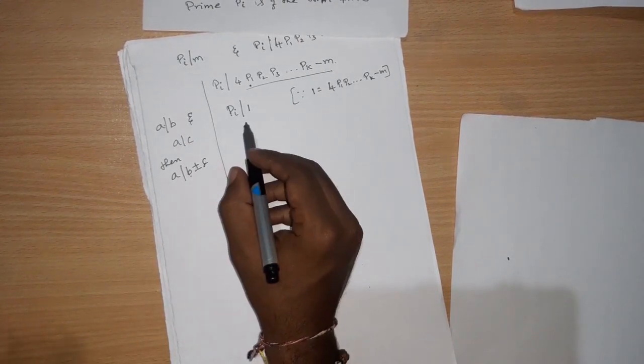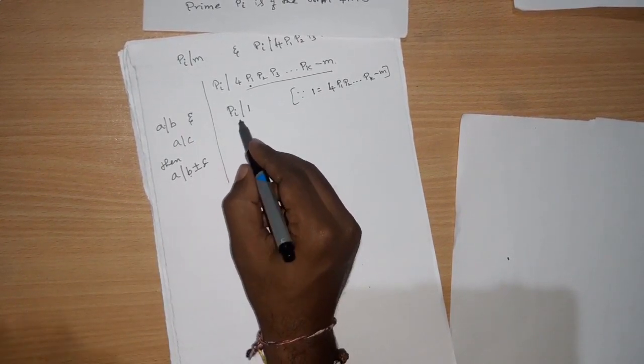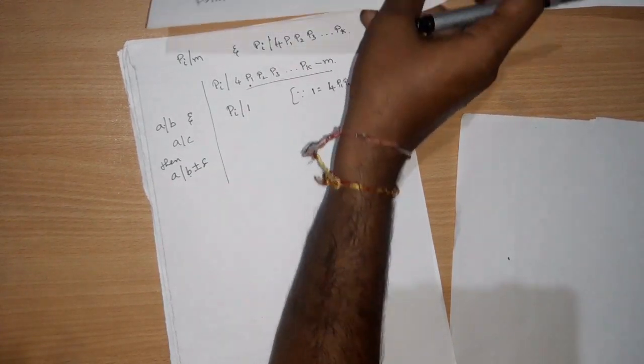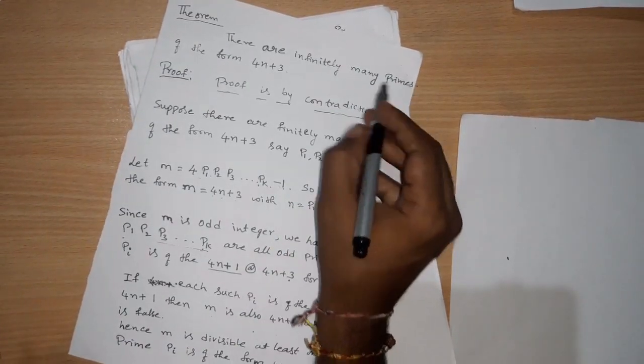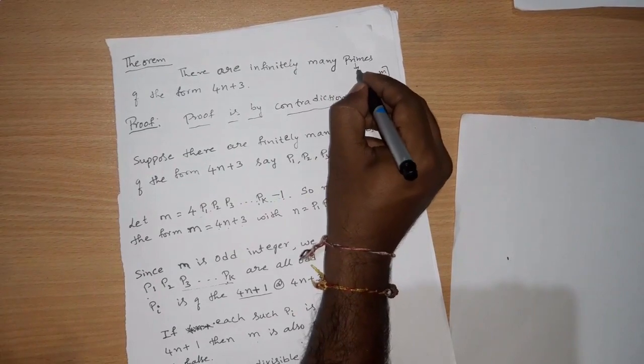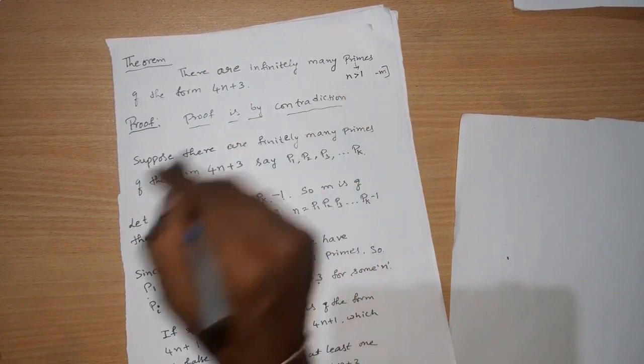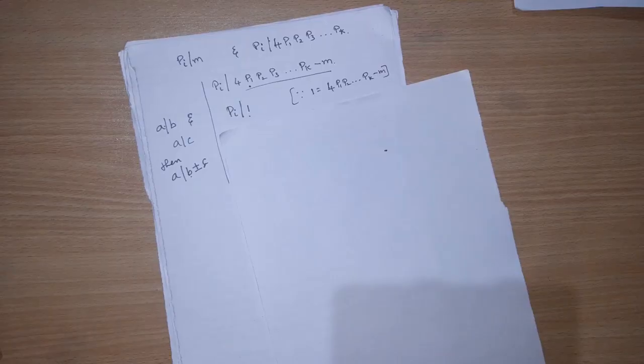So pi divides 1 means, for a prime, always n is greater than 1. So here we get 1.